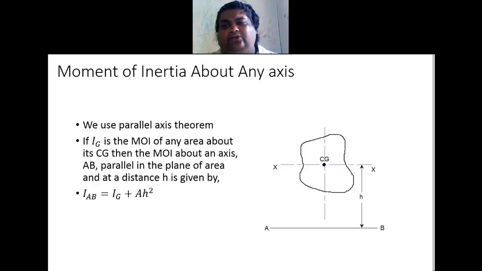Then the moment of inertia of this plane about this axis AB, which is parallel to this x-axis, is given by IAB is equal to IG plus A h square. IG stands for moment of inertia of this area about the center of gravity, G, plus A, the area, into h square. This is the parallel axis theorem.